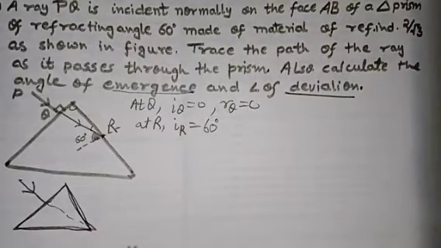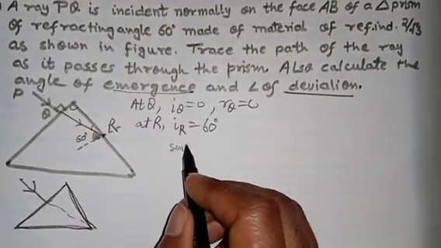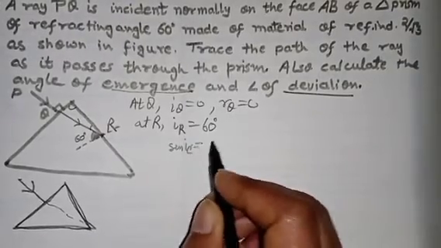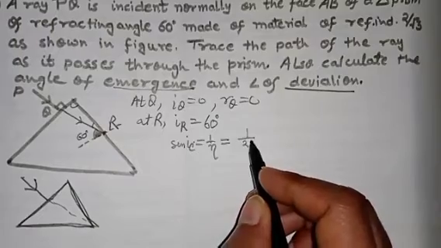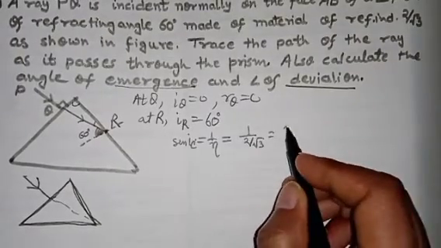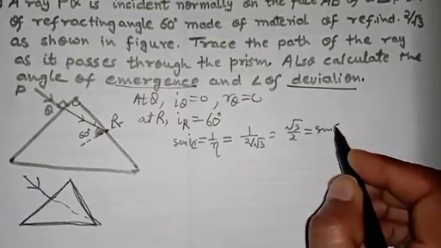As we did in the previous question, in the same way we will do it here also. Sin IC is equal to 1 upon eta, which is 1 upon 2 by root 3, which is root 3 by 2, and which is the value of sin 60 degrees.